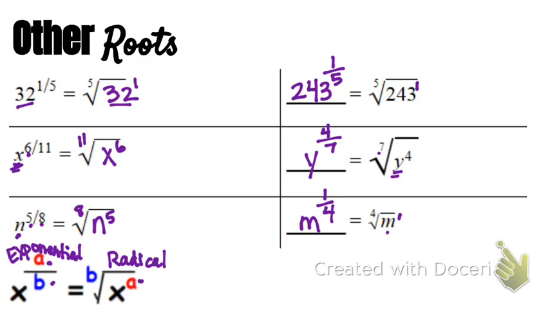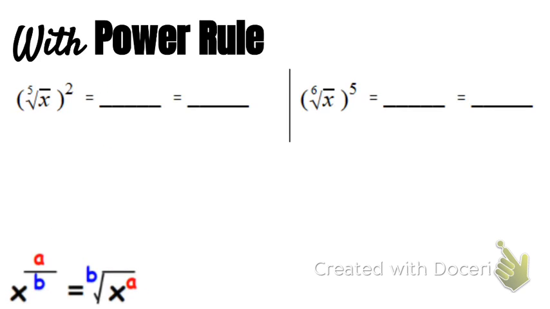So one more thing I want to show you, and that's the power rule. So using this with the power rule, if we have this whole thing to the second power, first let's rewrite this. This is 1x, right? So this is x to the 1/5, because what's inside the radical is the top number, what's outside the radical is the bottom number.